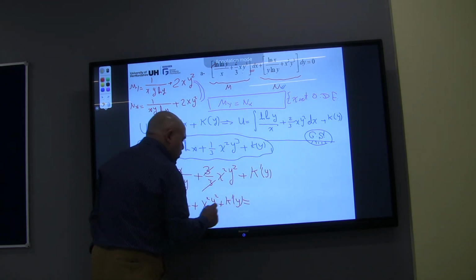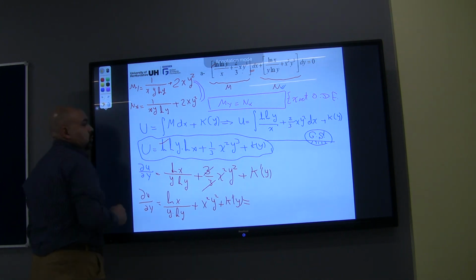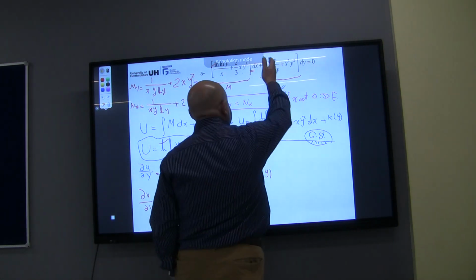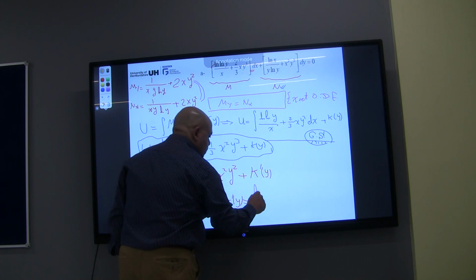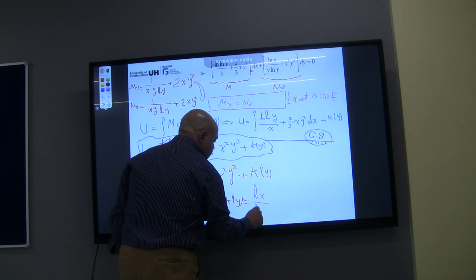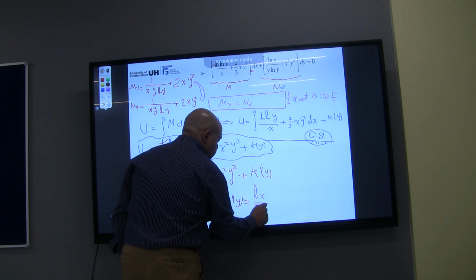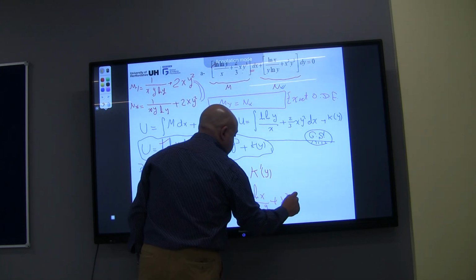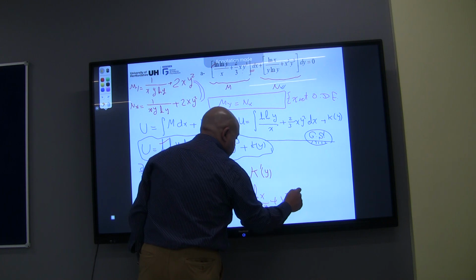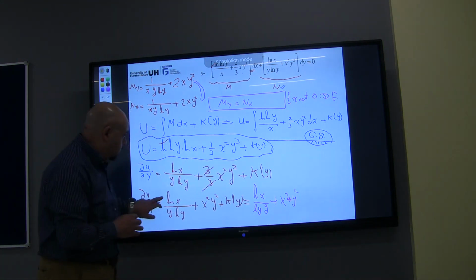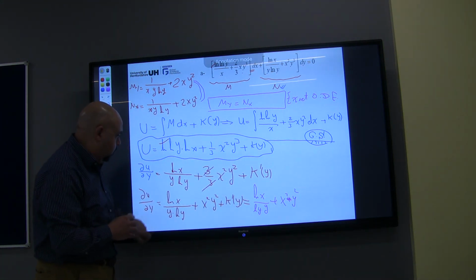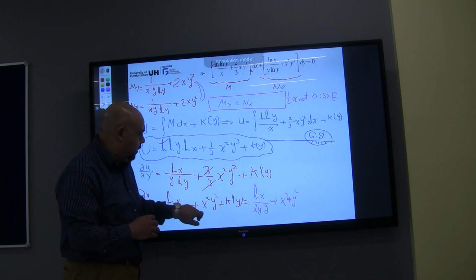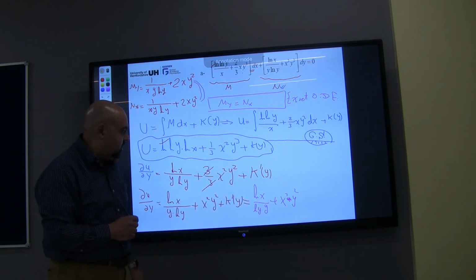It's supposed to equal the other part which exists in your ODE, which is n: ln x divided by ln y times y, plus x squared y squared. If you remark, you will find ln x over y ln y, and x squared y squared, are exactly the same.